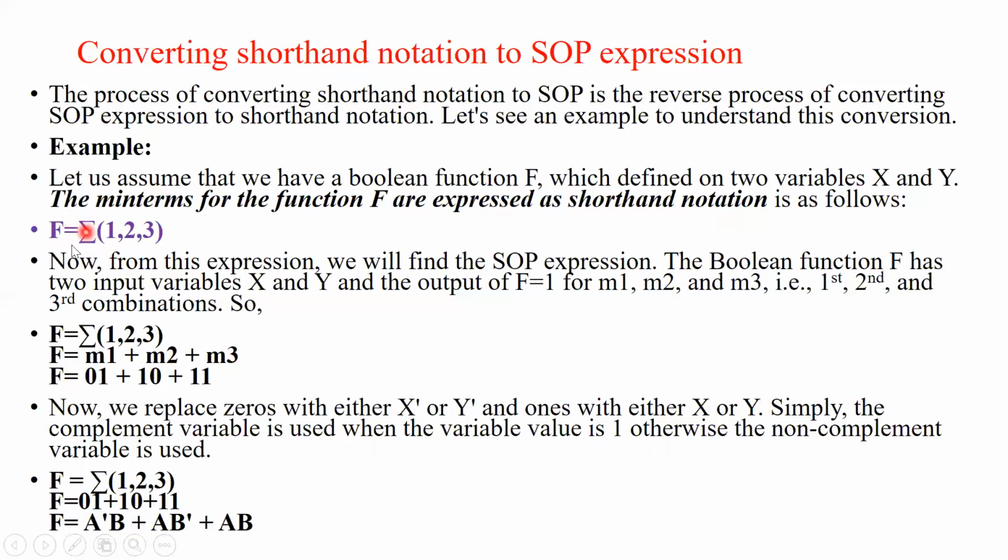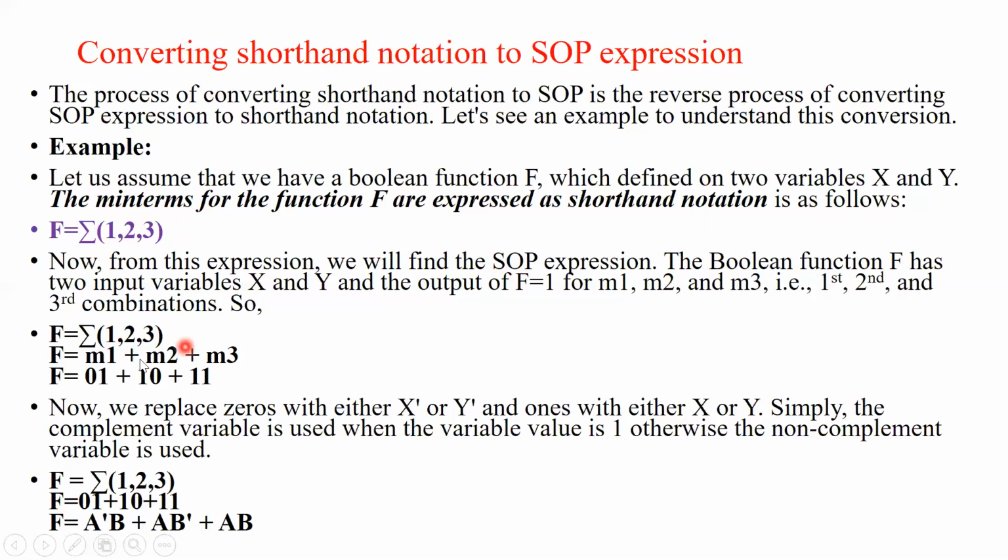The summation symbol, write it big, and then write 1, 2, 3. The moment you see this symbol, you have to understand that it is a min term, and it is the SOP expression which I will be finding out. So how do I start with summation 1, 2, 3?